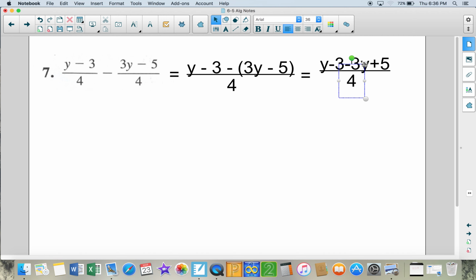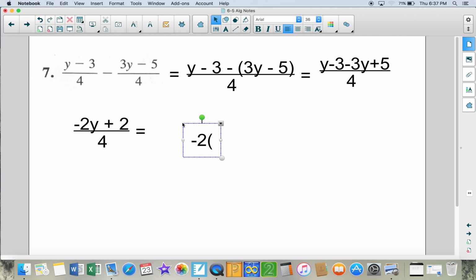Now we have two sets of like terms. We have y and negative 3y. We have negative 3 and positive 5. So that makes negative 2y plus 2 all over 4. Now, a couple things that we should be concerned about. We have a negative first term, plus we have a common factor of 2 in both of the terms.